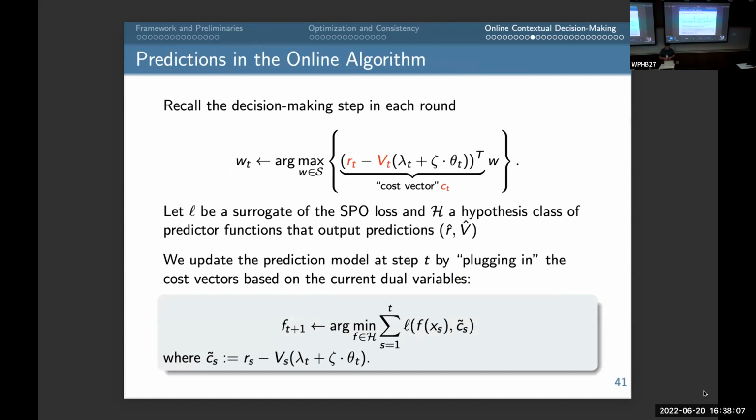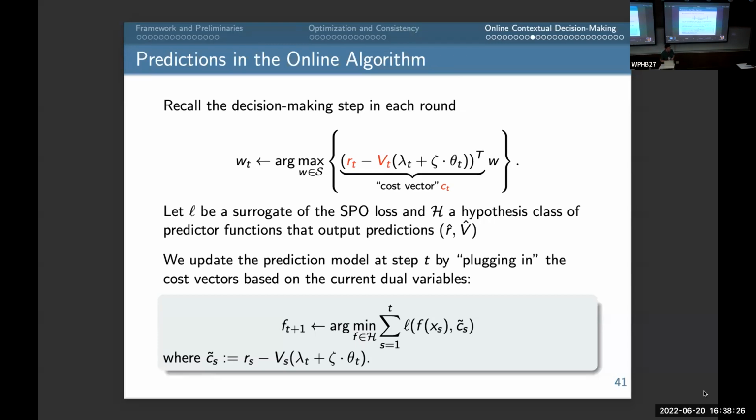And a hypothesis class H, which gives us predictions R hat, V hat. And then we update our next prediction model by using the past observations as historical data and plugging those past observations into the surrogate loss function.